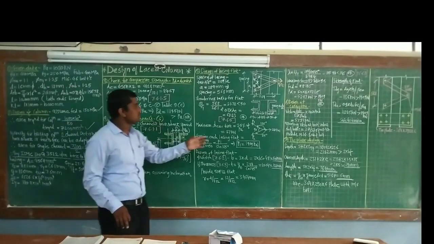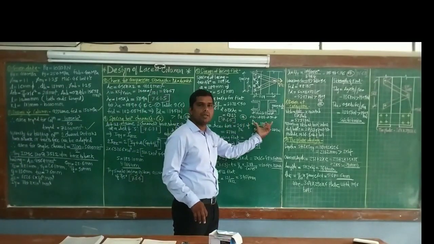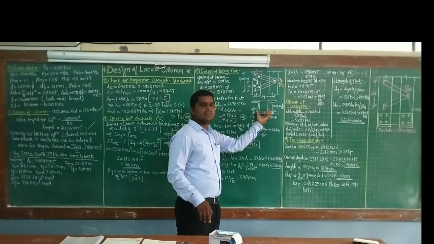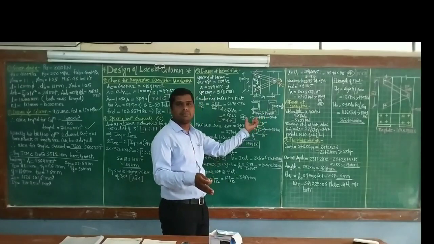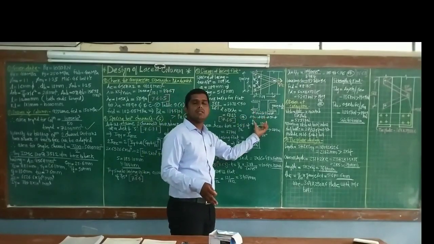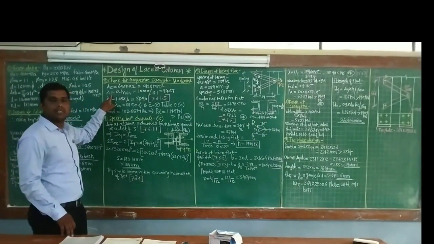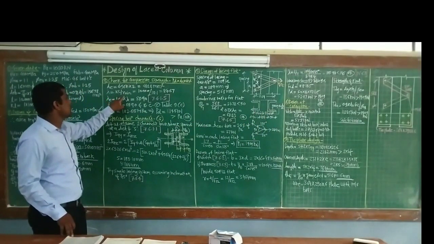But in the case of channel sections placed back to back, we don't know what the spacing should be. We will determine that, so that here we take the radius of gyration as the maximum, and then lambda becomes minimum.